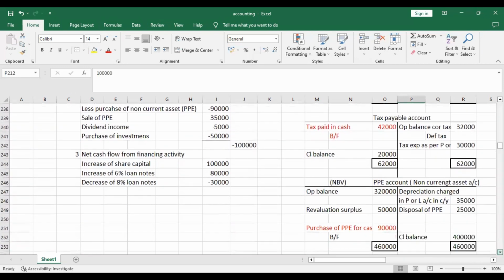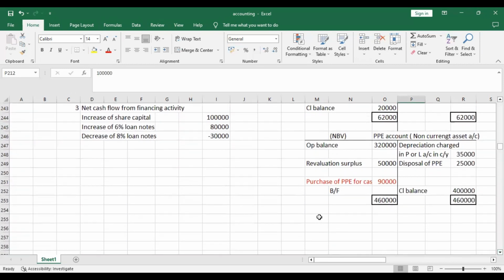So how to calculate the dividend paid? Here you can take simply the opening balance of retained earnings. How much is it? 1 lakh. To this you add simply the current year profit. How much did you make as current year profit? 40,000. How much should be with you? At least 140,000 should be with you.